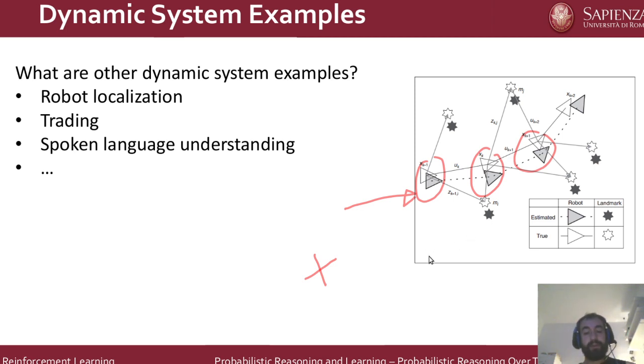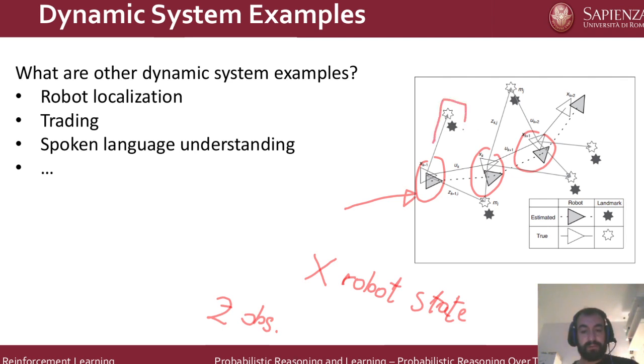This can be done for several random variables. Here we're considering the robot state x, but we can also consider z, the observations. This is the case with this one, this one, and this one.